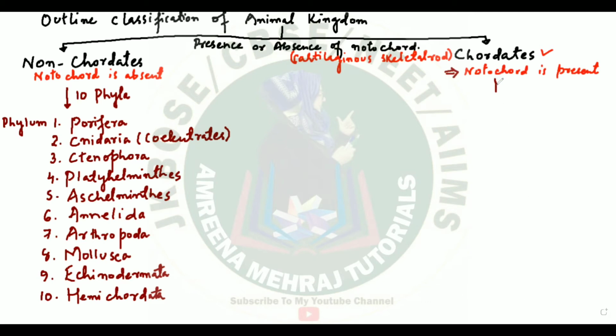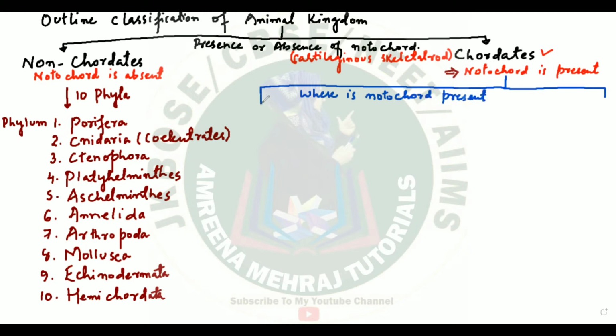Let me take the blue pen. So on the basis of what? On the basis of where the notochord is present. What is the basis for this classification? On that basis, you have these 3 subphyla.